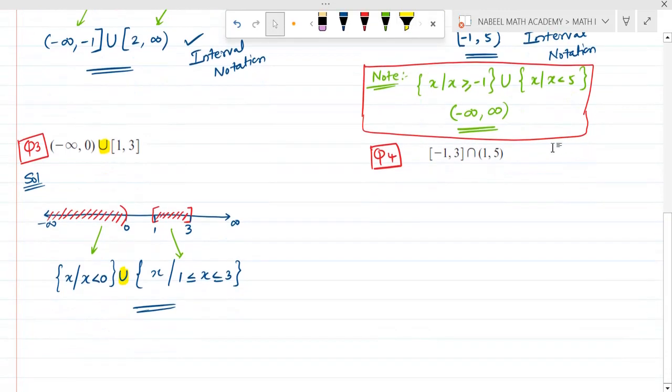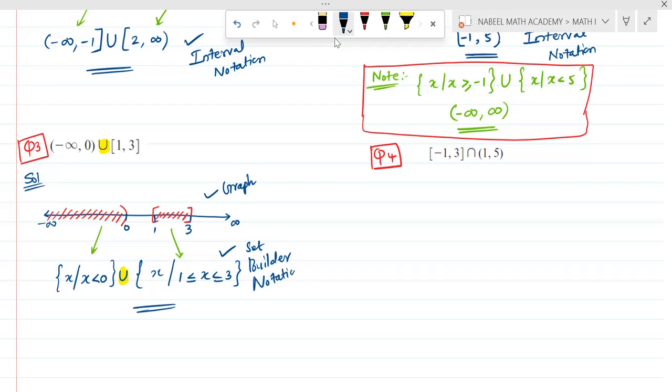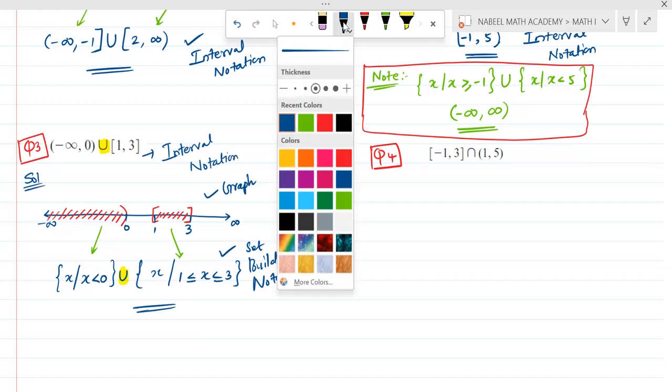Now the next one, the same thing. Here we have the graph, and this is my set builder notation, and the given form is interval notation. So whatever notation is given, if you draw the graph, you can understand everything clearly.